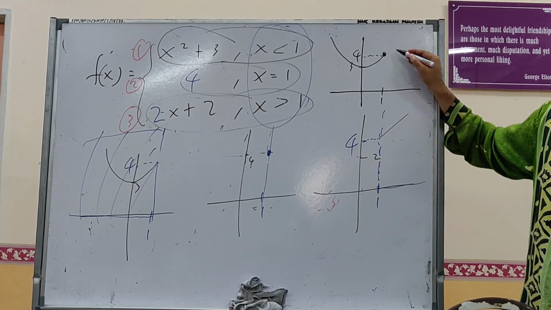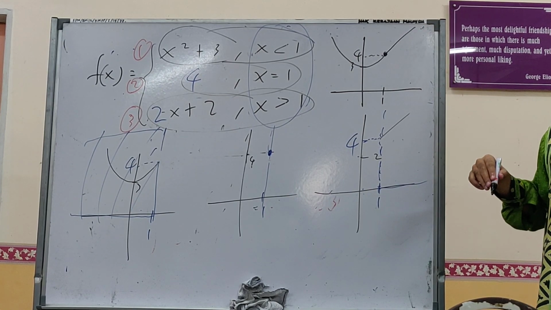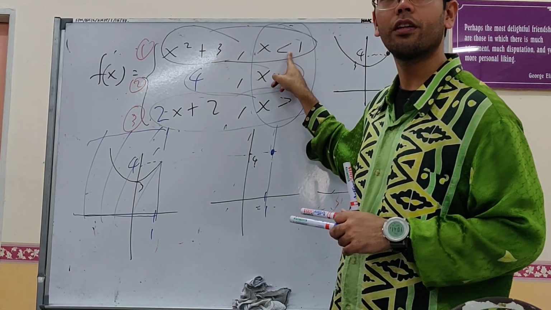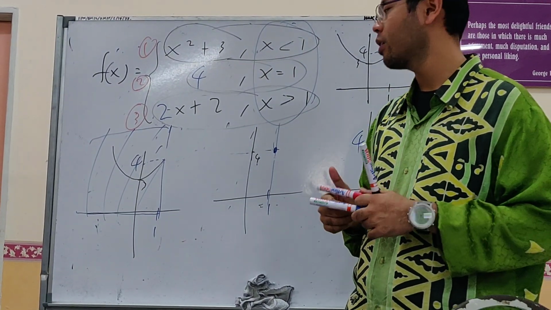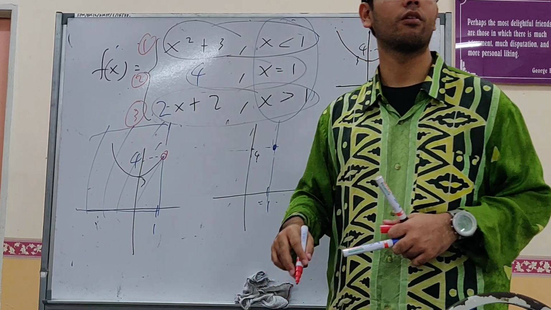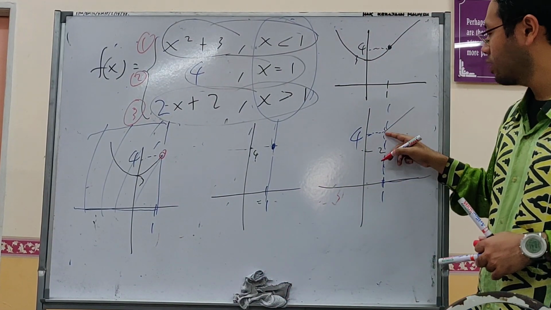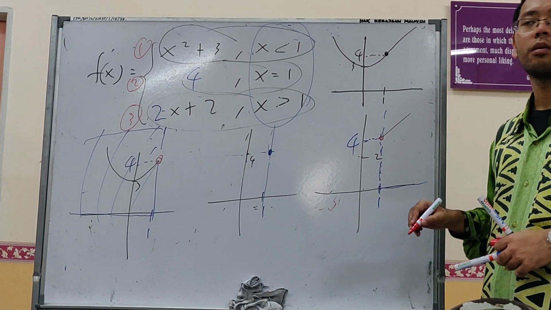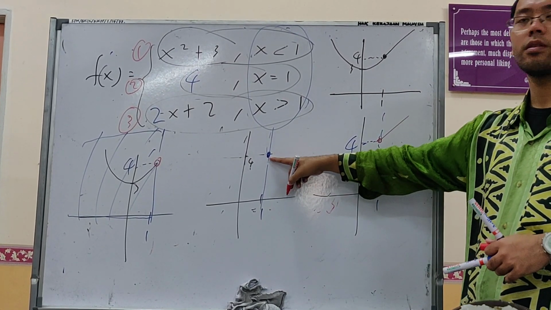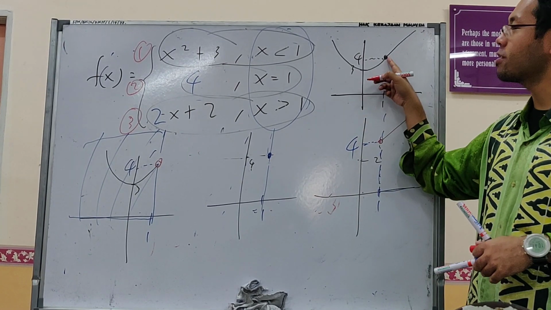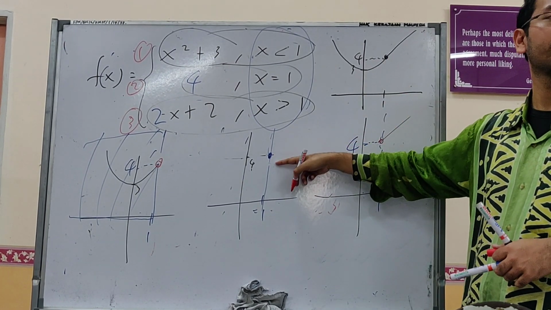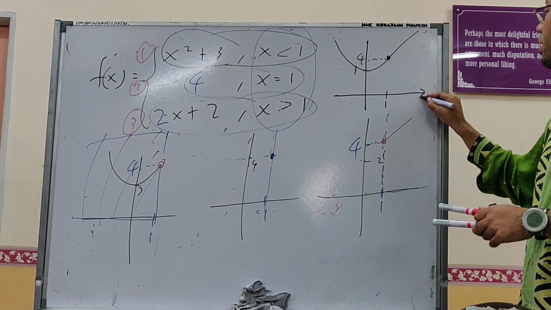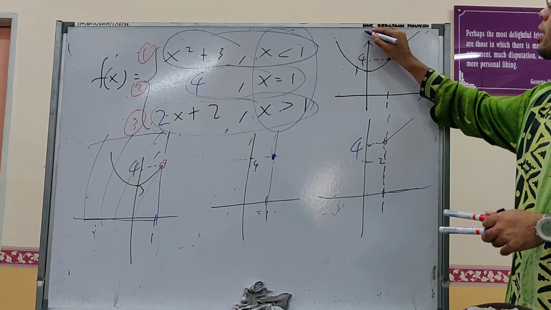We start at 4 and it goes up. Just a little note: since this one is less than 1, meaning 1 is not included, you may draw an open circle. Same goes for this one, more than 1, you may draw an open circle. Whereas the hole is not there, because they are coincidentally at 4, and we have filled it up. So you may draw this, you're quite fine, x and y.